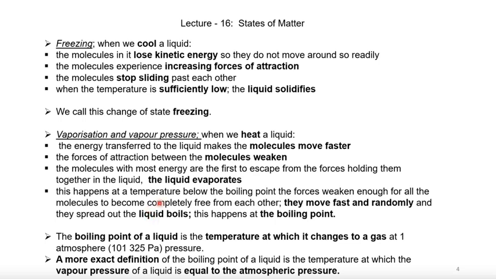At a certain temperature, it starts boiling when we heat the liquid. What is the boiling temperature then? The boiling temperature of a liquid is the temperature at which the liquid state is converted into the gaseous state at 1 atmosphere. Here I have also given a conversion factor between atmosphere and pascal.